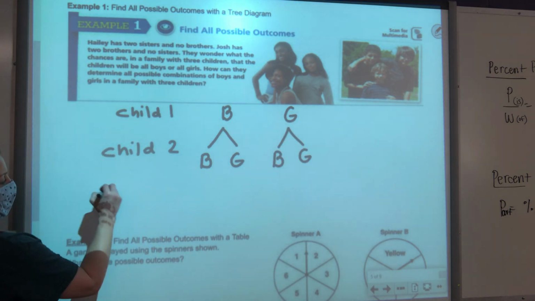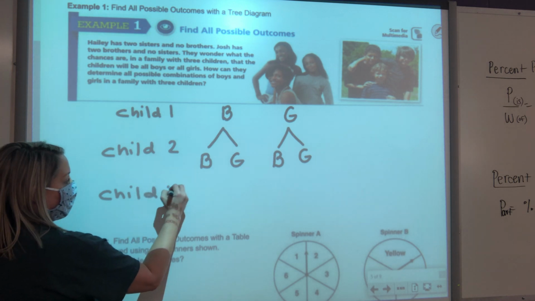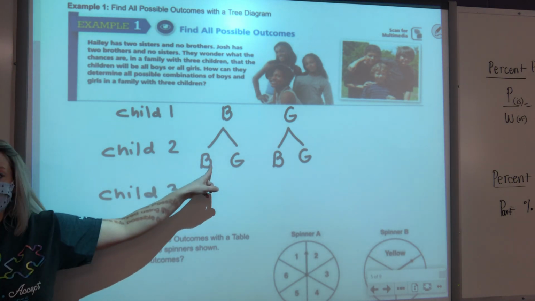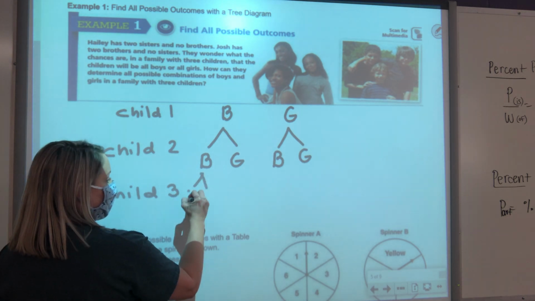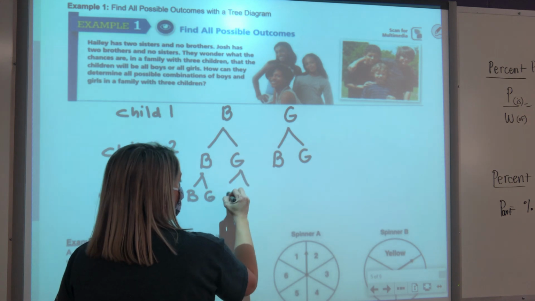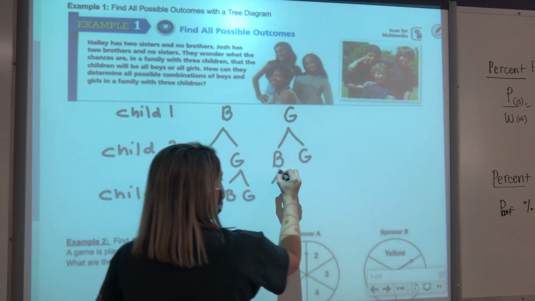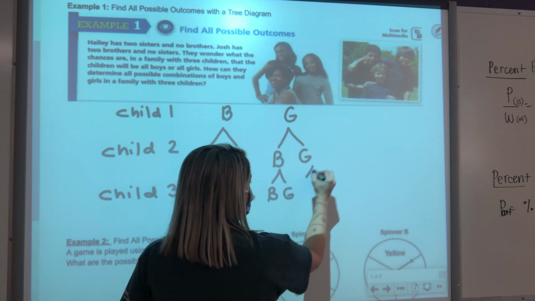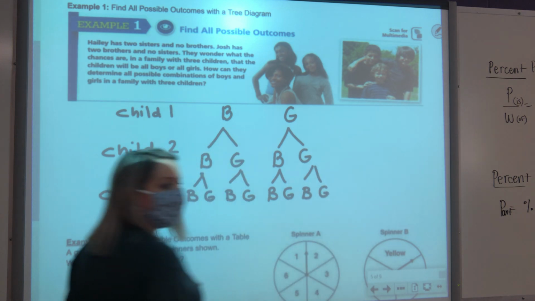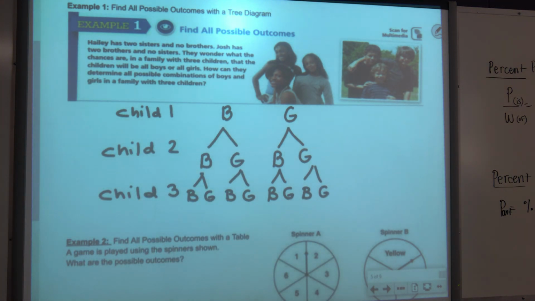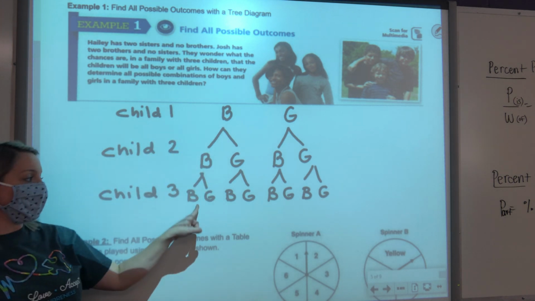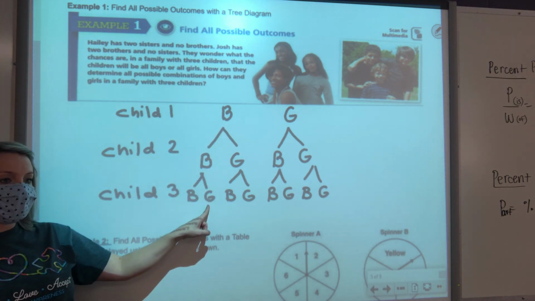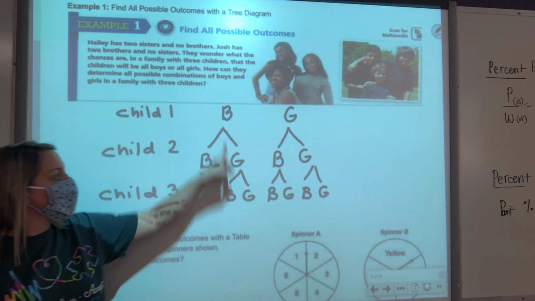And then the third child comes along. What are the options for the third child? Boy, girl, right? So our options for having 3 children: boy, boy, boy, boy, boy, girl, boy, girl, boy, boy, girl, girl.